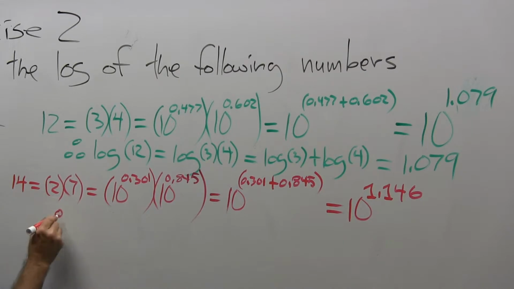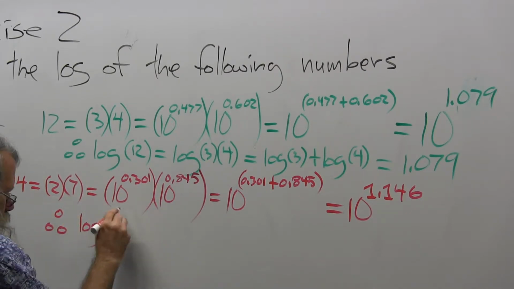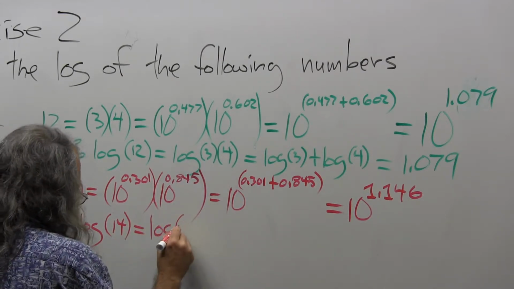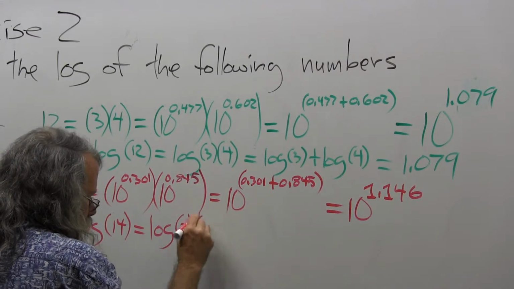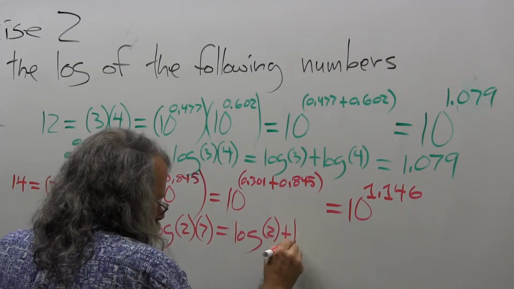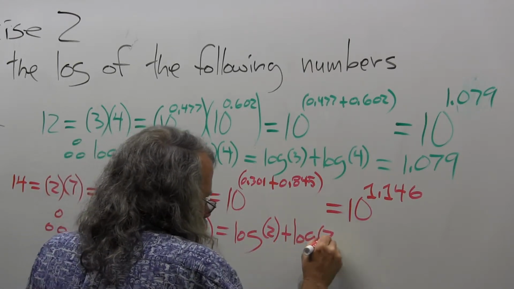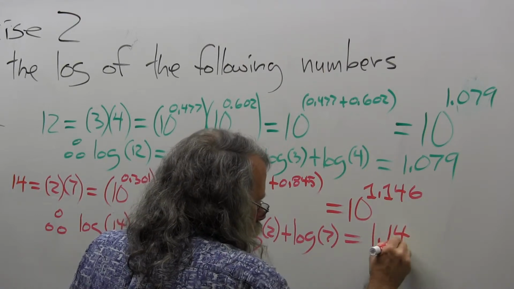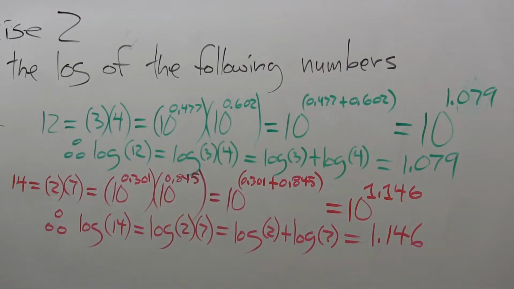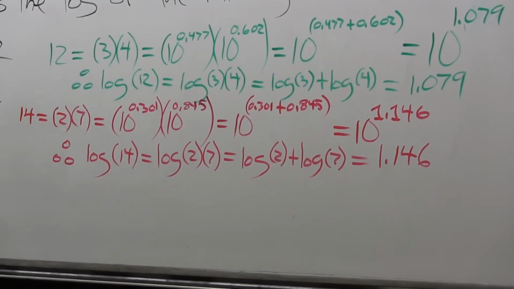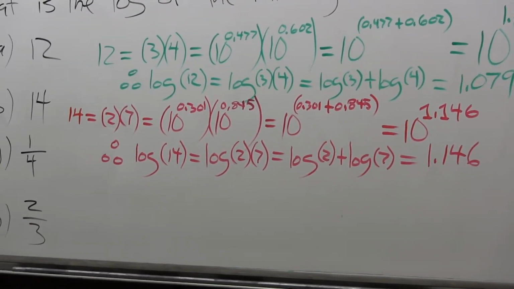And therefore, the log of 14 equals the log of 2 times 7 equals the log of 2 plus the log of 7, which is equal to 1.146.